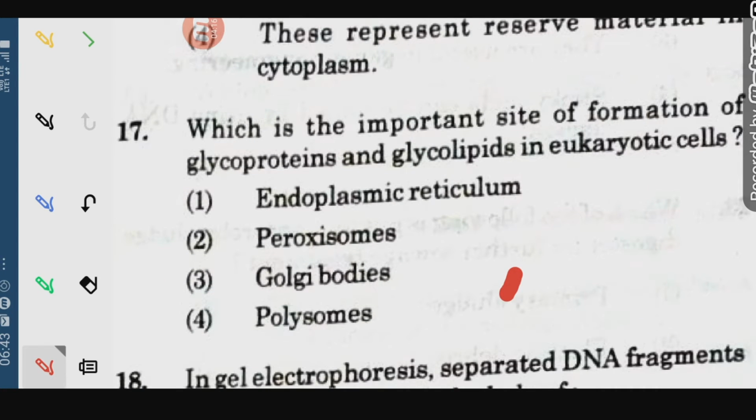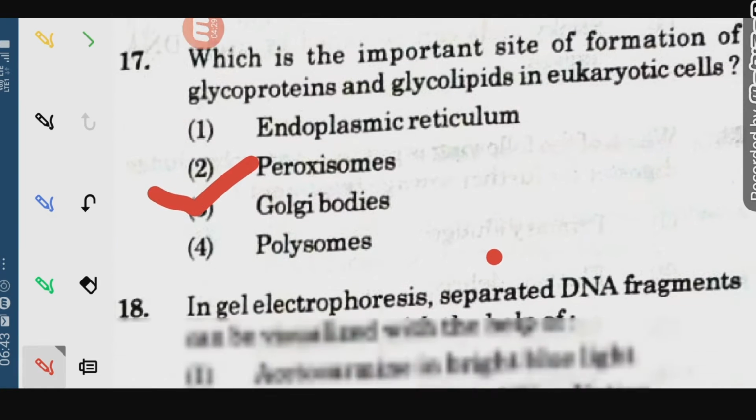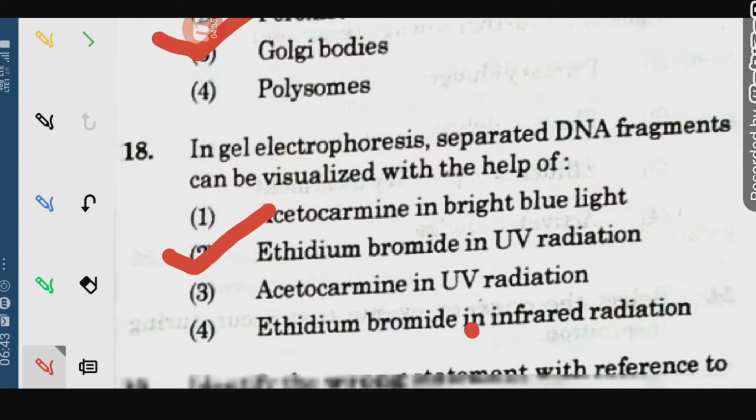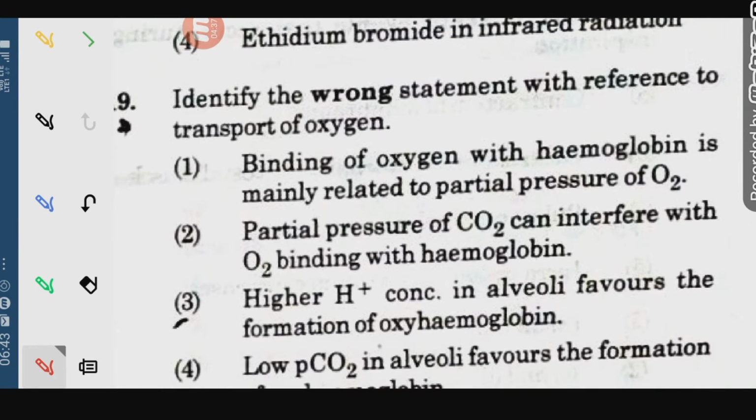Number 17. Which is the important site of formation of glycoproteins and glycolipids in eukaryotic cells? Well, the correct answer would be Golgi bodies. In gel electrophoresis, separated DNA fragments can be visualized with the help of ethidium bromide and UV radiation. Then identify the wrong statement with reference to transport of oxygen.